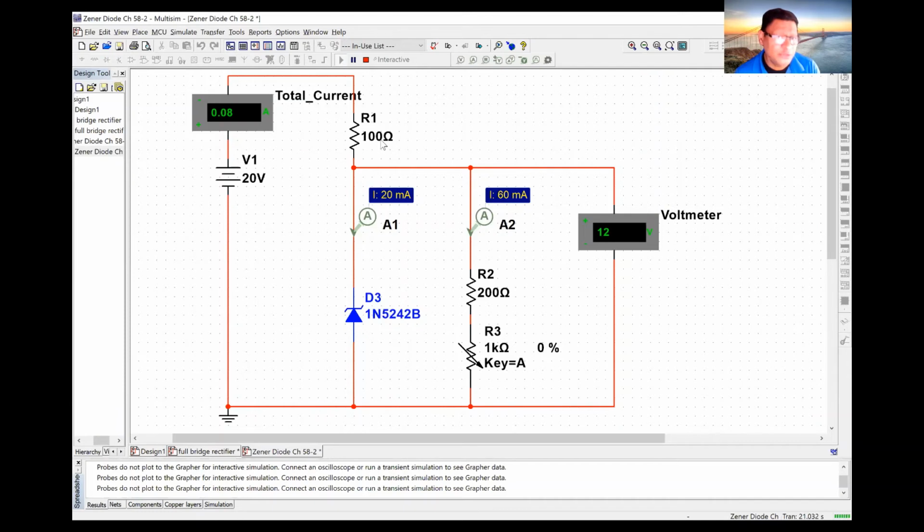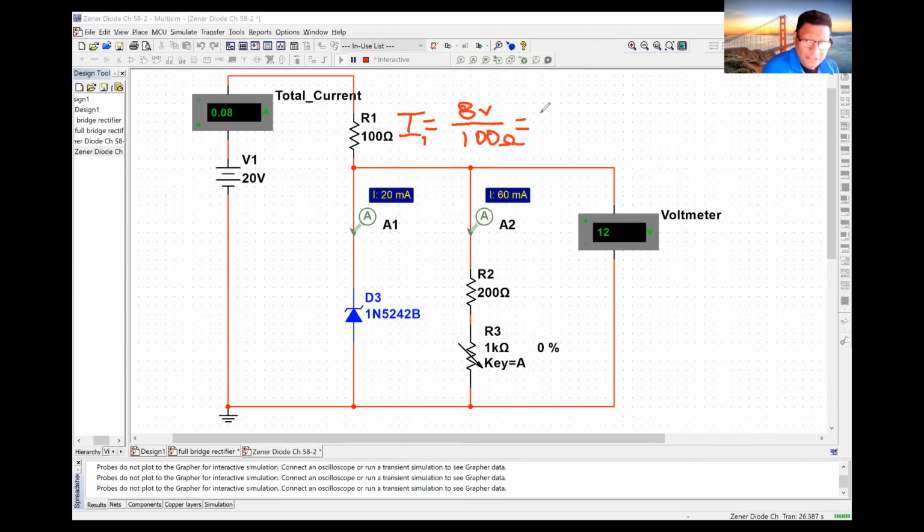Now, if we use Ohm's law again, and I want to determine my current I1, it is equal to my 8 volts divided by 100 ohms.